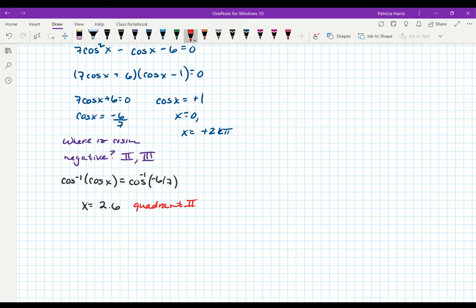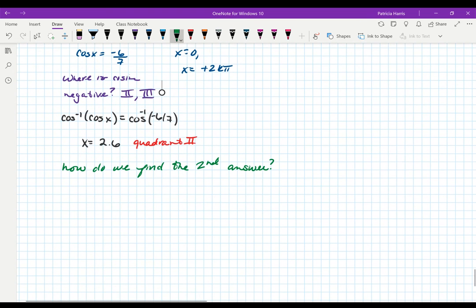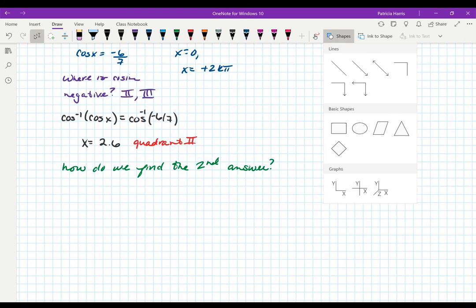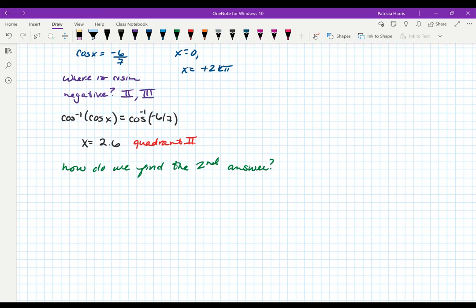So how am I going to find the second answer that's in quadrant 3? Okay, so you can go to Desmos, you can graph it, you can find it like that. Or what I like to do is I like to do a quick sketch.